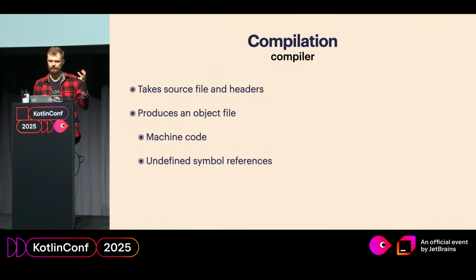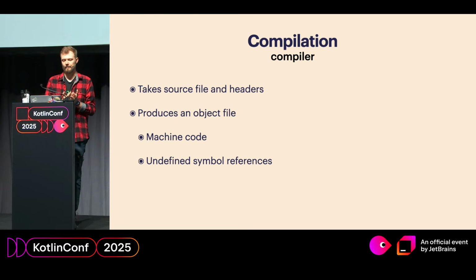The compilation on native is split basically into 2 phases, compilation and linking. Compilation is done by the compiler, and it takes source files and headers and everything in between and produces an object file, which is machine code, but it is not executable code. So you can't really take an object file and just say, please run this.